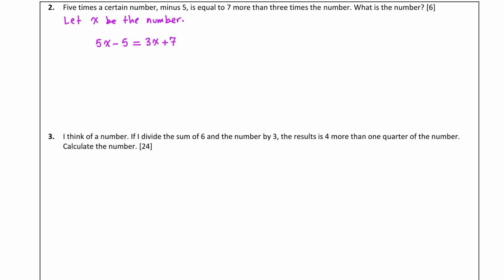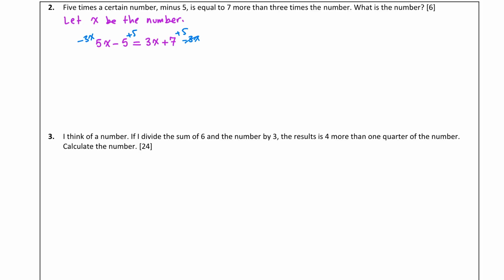I want all the variables on the left hand side, so minus 3x on both sides, and I want all the numbers or the constants on the right hand side, so I'm going to add 5 to both sides as well.